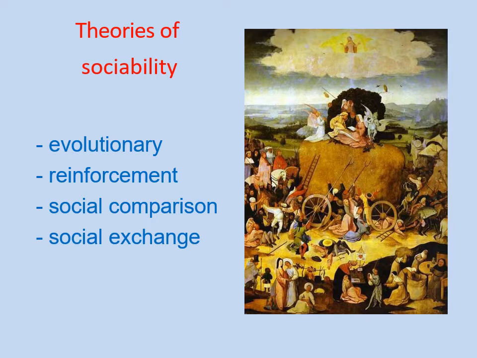Social comparison is another theory for sociability, and it basically argues that only by comparing yourself, your ideas, your behavior with other people can you have any sense of reality. Think back of the thought experiment of being alone in the world. If you were alone in the world, all of your behaviors would be equally acceptable or unacceptable.